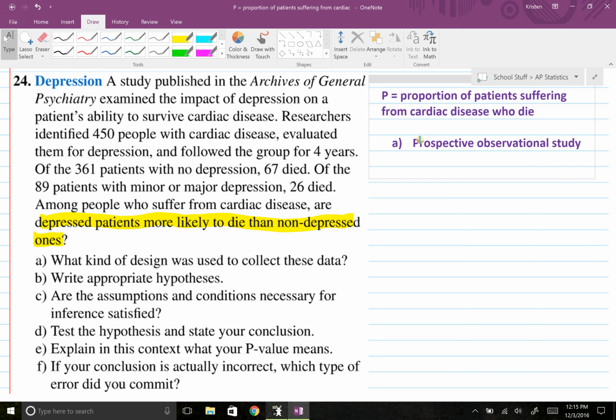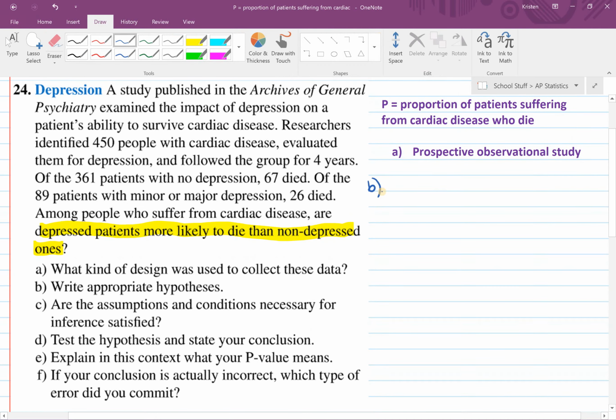Okay. For part B, we're asked to write the actual null and alternative hypothesis. Then we go through our assumptions and conditions, test the hypothesis, and state the conclusion. So B, C, and D are basically the full hypothesis test. So looking at B, our null hypothesis is always going to be that there is no difference between our two populations of interest here.